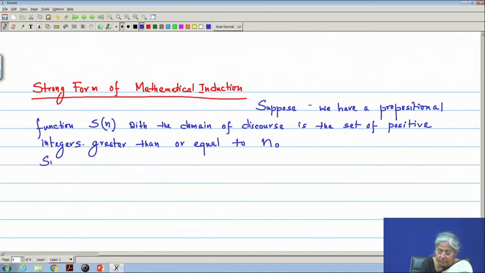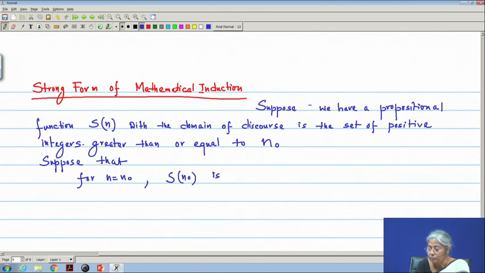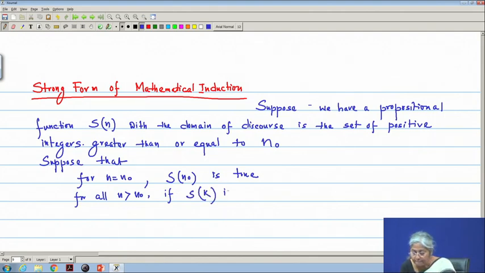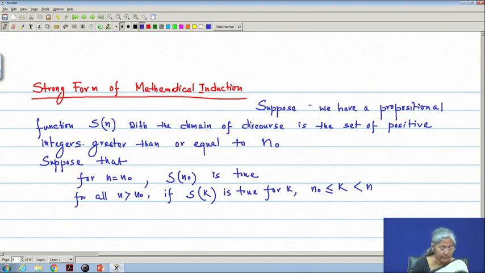Now, suppose that first we see for n equal to n0, that means Sn0 is true, and for all n greater than n0, if Sk is true for k where n0 less than or equal to k less than n, then Sn is true.